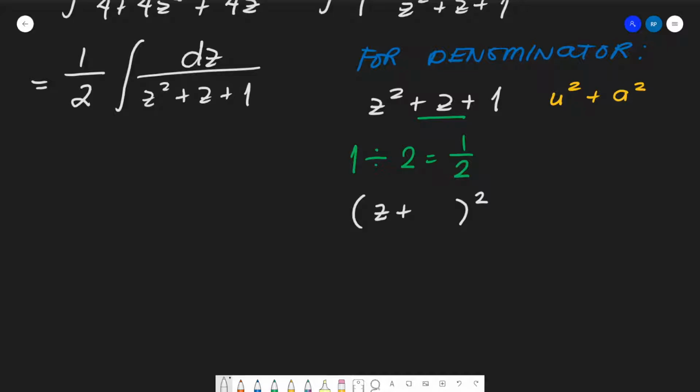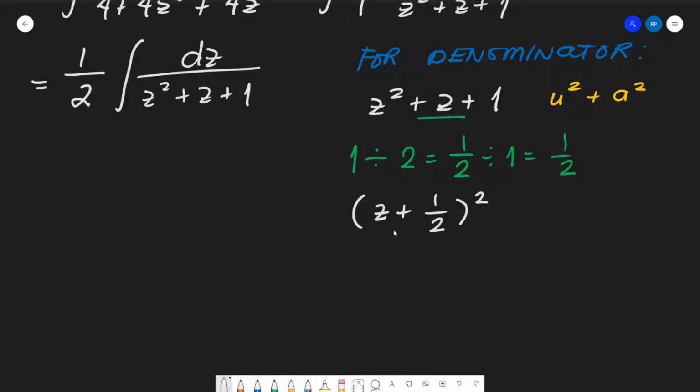Yung nakuha nating quotient from the middle term divided by 2, divide ulit natin sa numerical coefficient nung factor z. So, 1/2 divided by 1 is obviously equal to 1/2. So, we will have z plus 1/2 squared. Okay? So, ito yung perfect square trinomial natin from this.